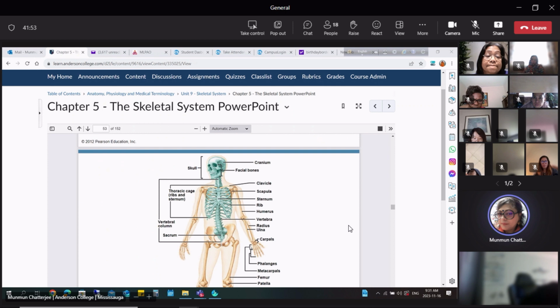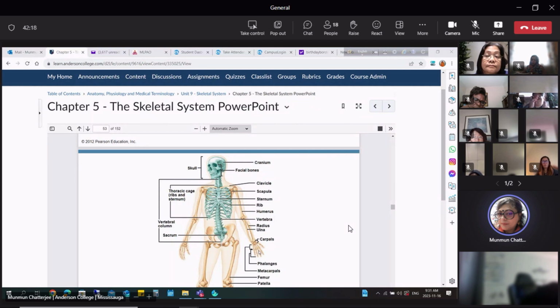This area is the vertebral column from top to here, and here is the bony thorax. This is the thoracic cage, where the ribs cover your thoracic cavity.